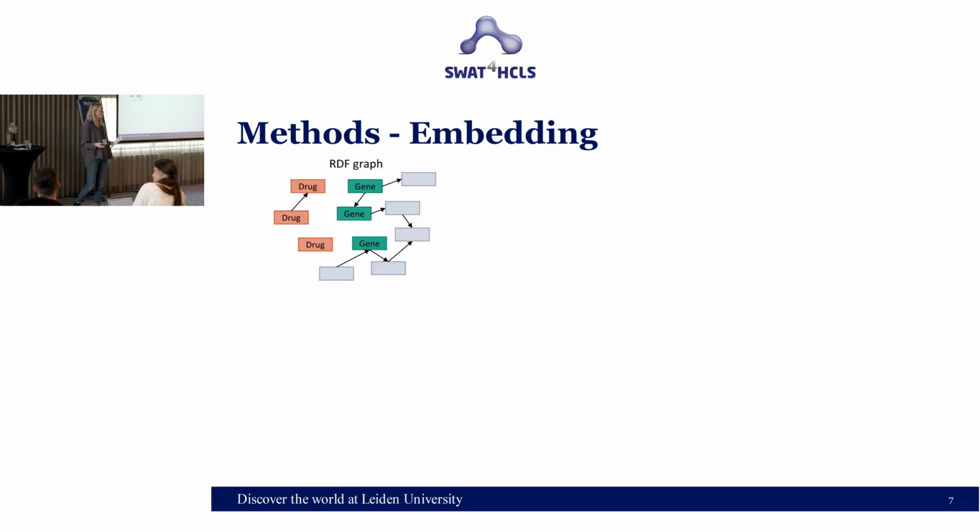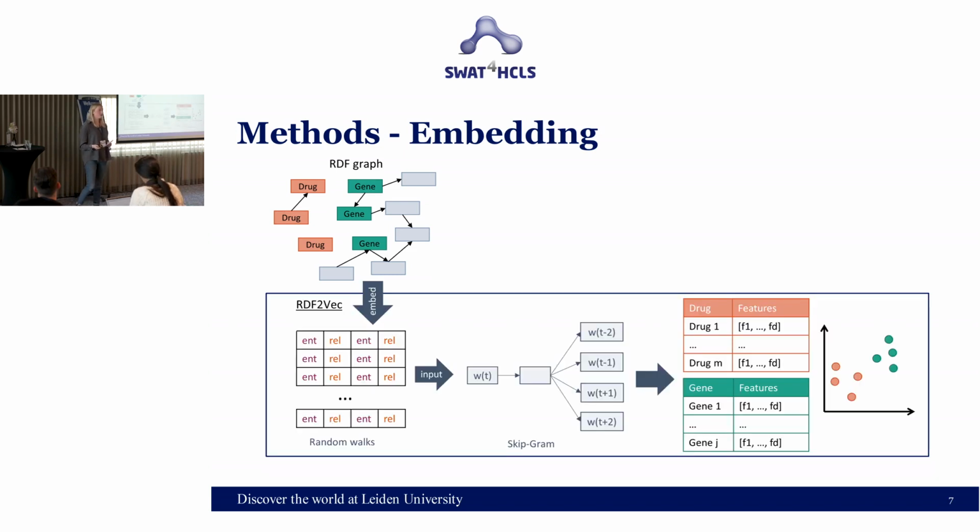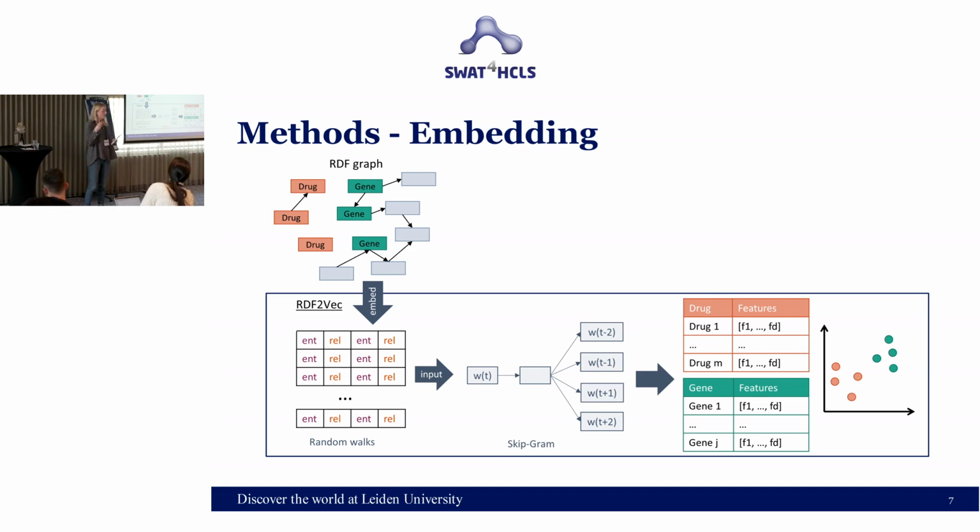So now the embedding. We have this RDF graph, and we need to transform it into vectors to be used by the machine learning model. We did this using RDF2Vec, a mechanism similar to Word2Vec. It uses random walks over the graph to create sequences of entities and relationships, and then inputs these sequences into a skip-gram model.